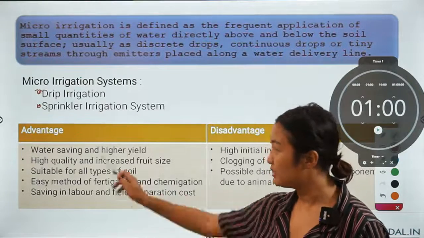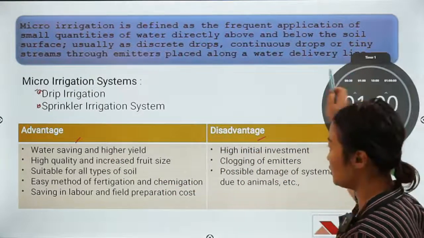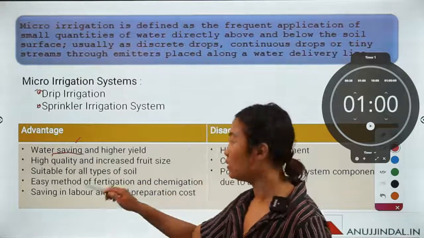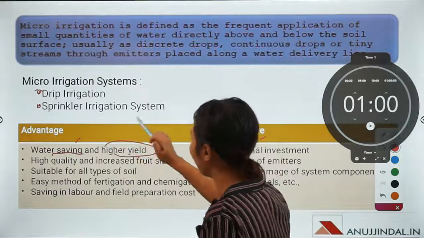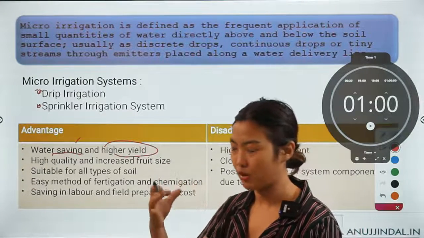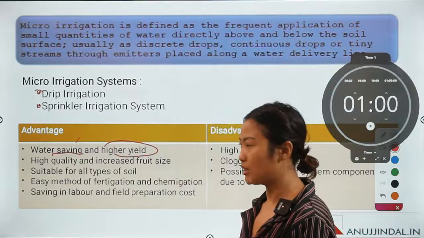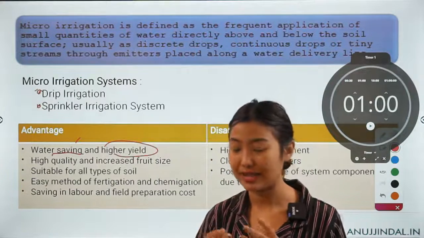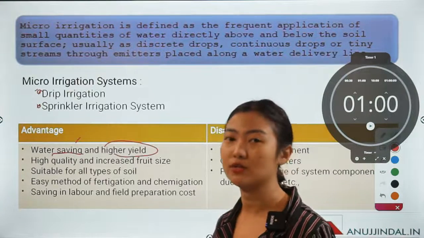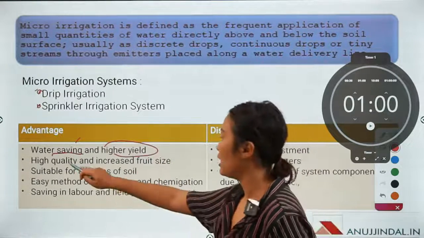All right, and here I've given the advantages as well as the disadvantages. So let's read the advantages. There is water saving, as I've told, and it gives a higher yield. In micro irrigation, pinpoint water is dropped right at the root zone, so with a lesser water quantity but more efficient use of it, the yield is also higher.